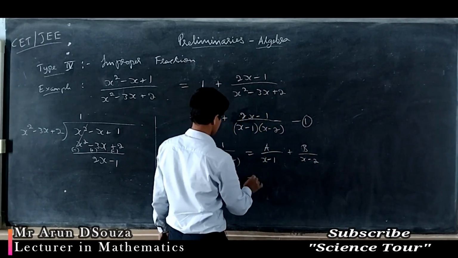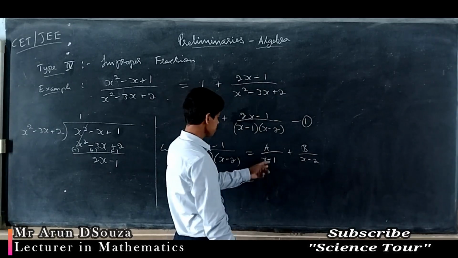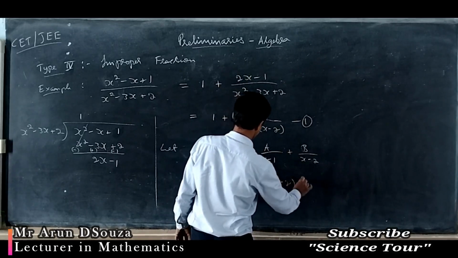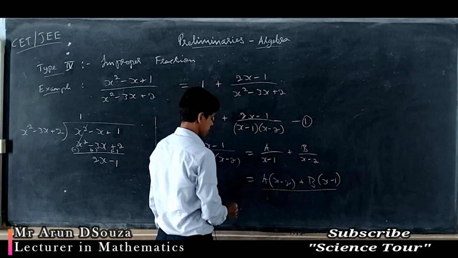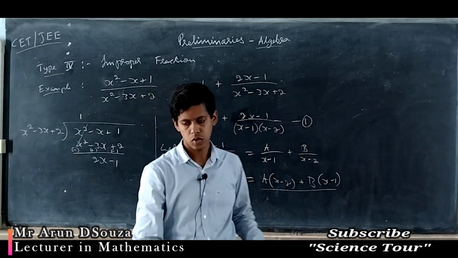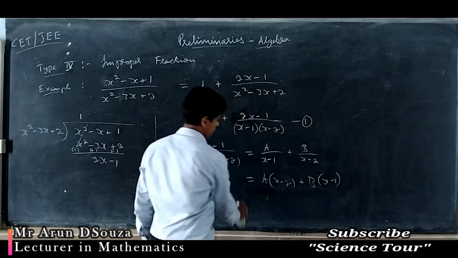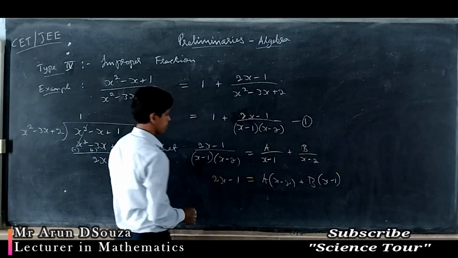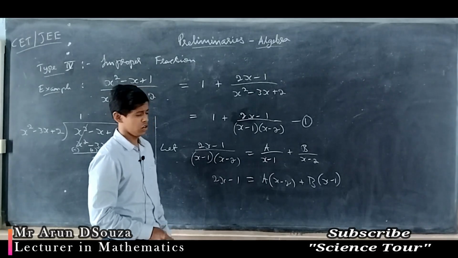Okay, so this is equal to, take the LCM, so x minus 2 should be multiplied here, and x minus 1 should be multiplied here. Denominators are x minus 1 and x minus 2, which can be cancelled on both sides, so I am not going to write that step here. Okay, well, now what remains is only 2x minus 1.